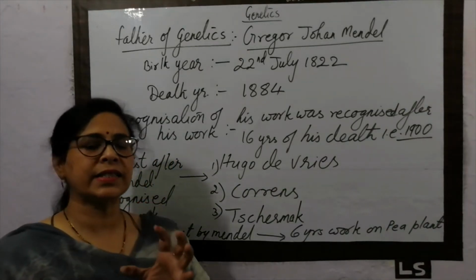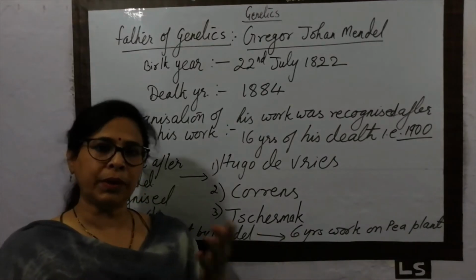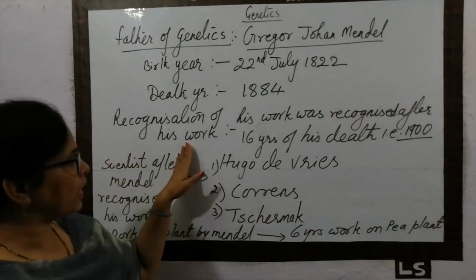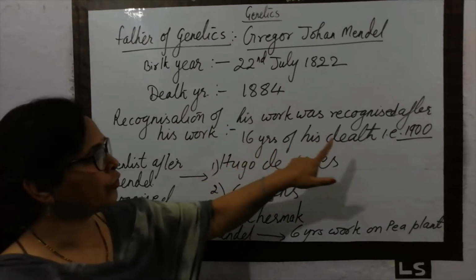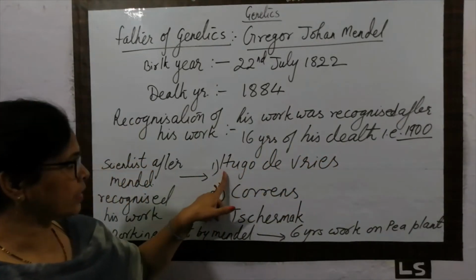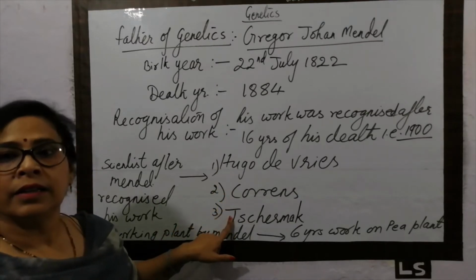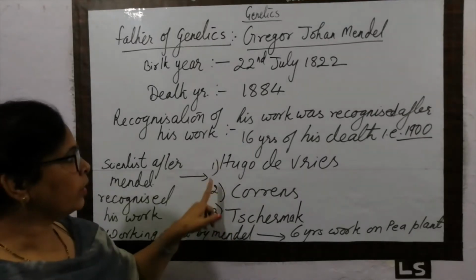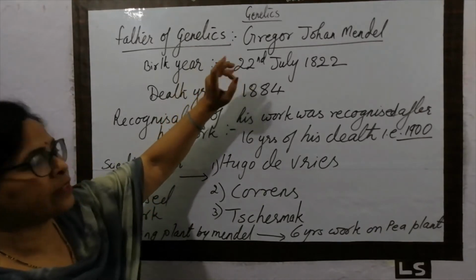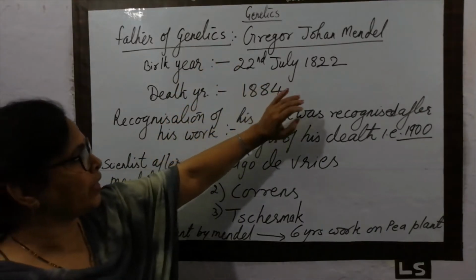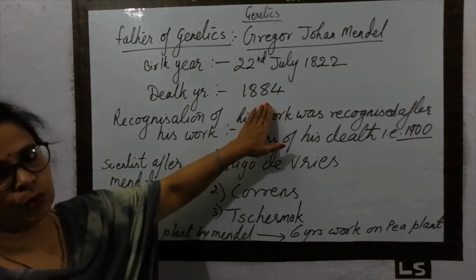He worked six years continuously on the pea plant, but his work was recognized after 16 years of his death, and recognition was given by Hugo de Vries, Correns and Tschermak.